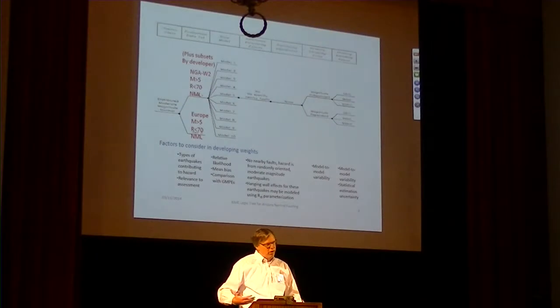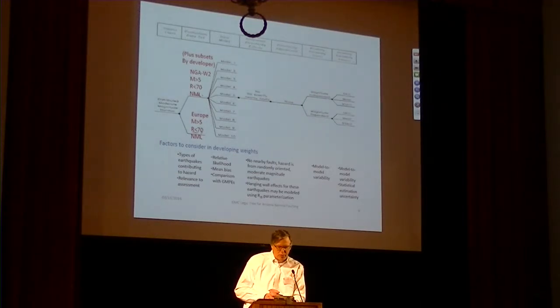We're going to still have the GMPEs, which borrowed strength from all the other data, right? They used the scaling they got from strike slip and reverse and so forth, and the distance attenuation, so they knew how to control that and extrapolated it to cover normal, so that's already there. But our comparison to data is going to be to this subset of data that is particularly applicable to us.